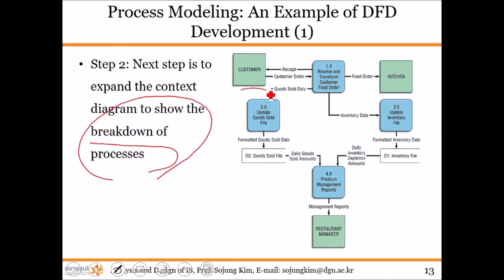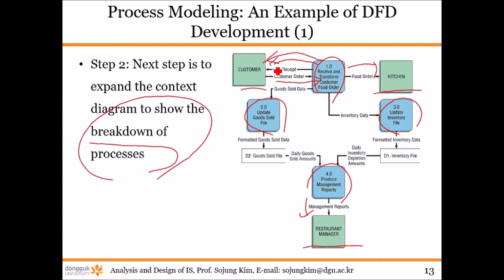Here, customer, kitchen, and restaurant manager, and now you have multiple processes directly connected to each external entity, right? Initially, a customer orders something and then receives food, basically the receipt, right? Then receive and transform customer food order will send the goods sold data, also inventory data and food order to the kitchen.